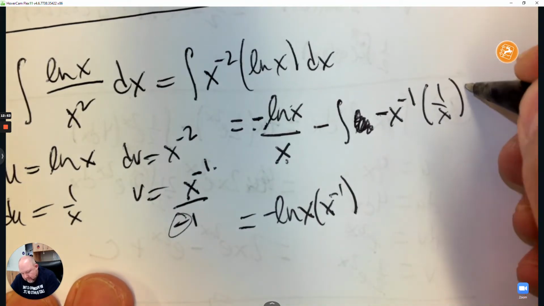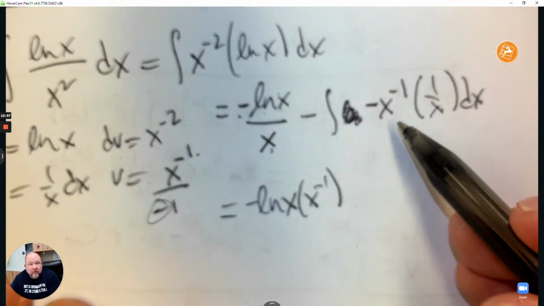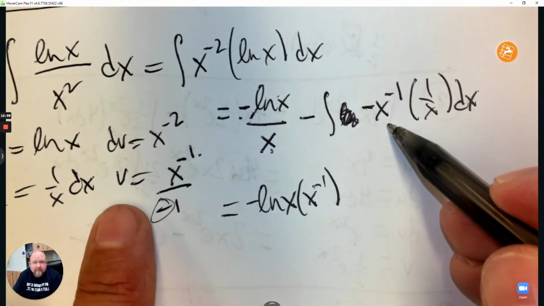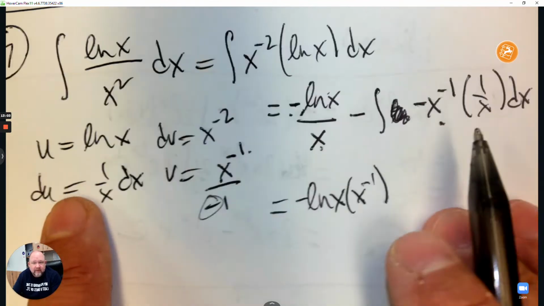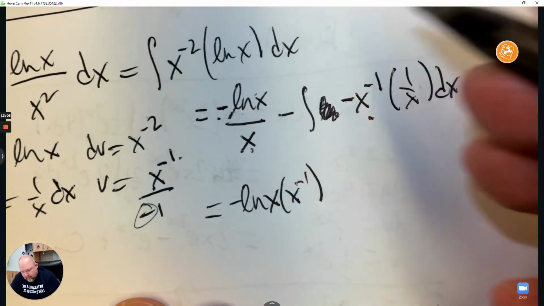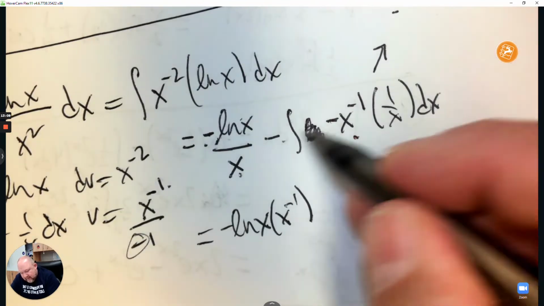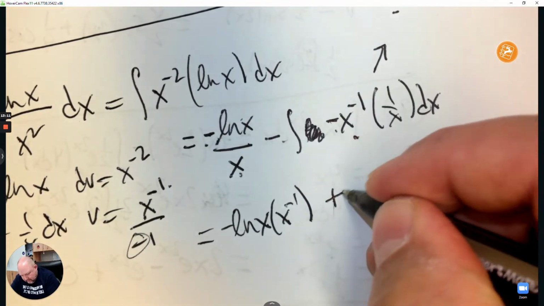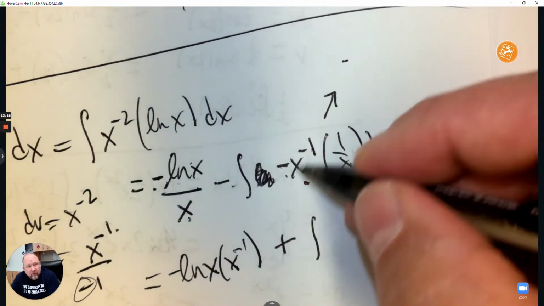Now I'm going to clean this up a little bit. Oops, I need a dx there. So there is v du, and so I'm going to recognize that this is, first of all, a negative times a negative is positive, and this is 1 over x.